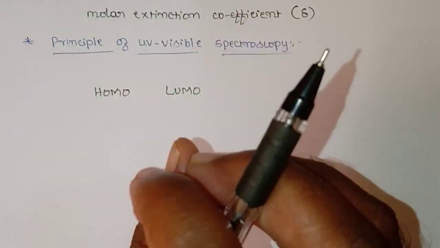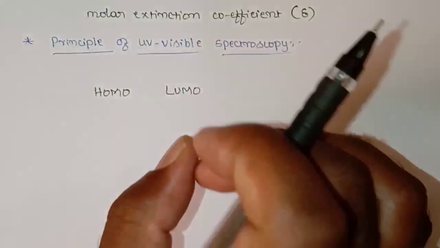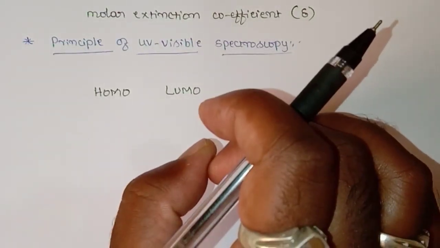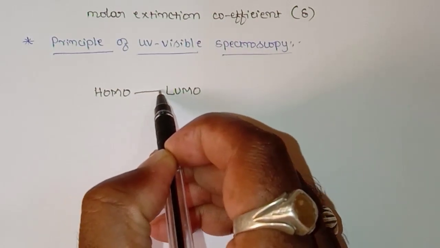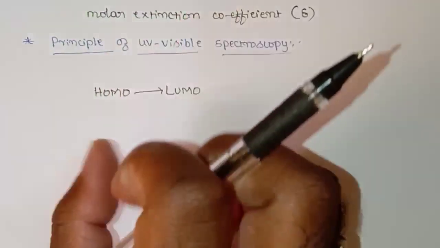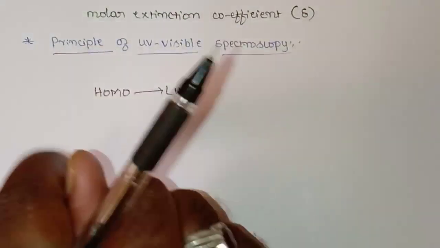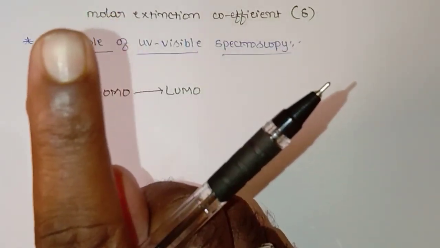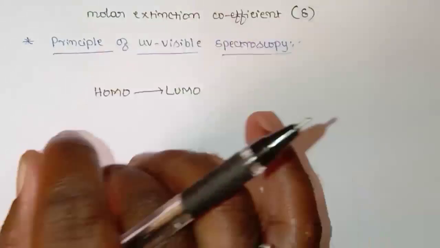That means when UV or visible radiation is passed on to the sample, the electronic transition by absorption of radiation will be from HOMO to LUMO. The amount of radiation absorbed by the molecule depends on the overall structure of the molecule as well as the wavelength of the radiation passed on to the sample.